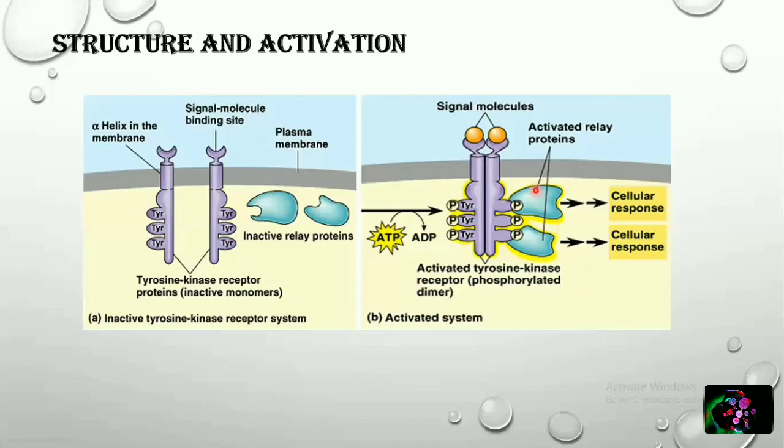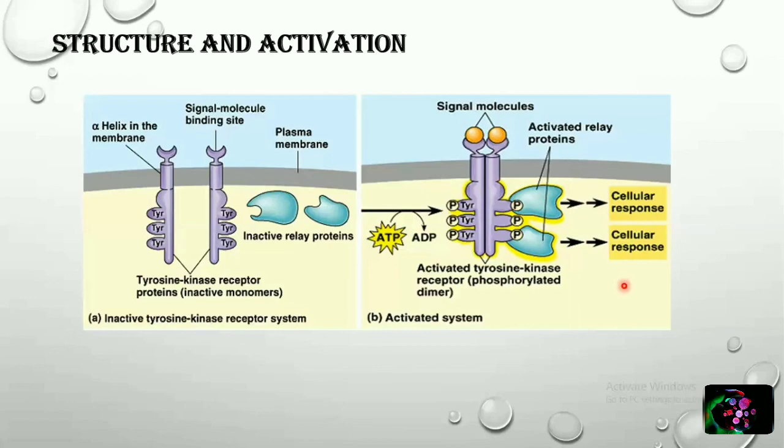Here, the first protein shows the first cellular response and the second protein shows the second cellular response. This is the key difference of the receptor tyrosine kinase.